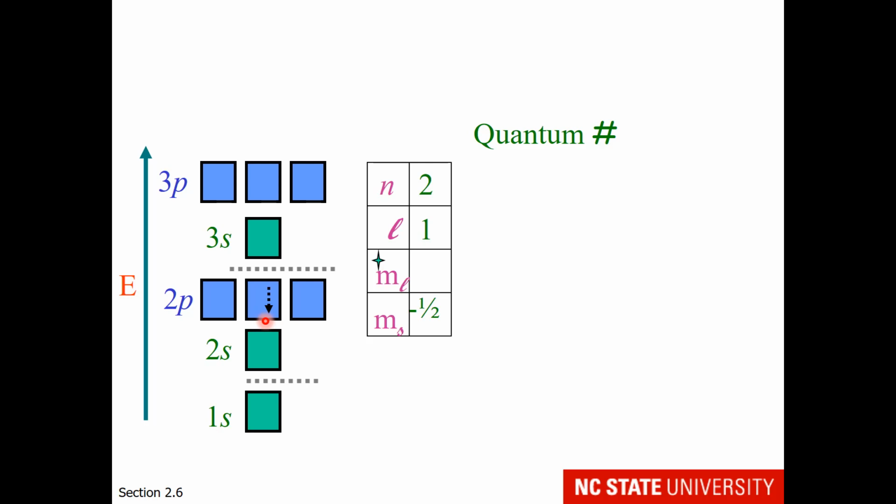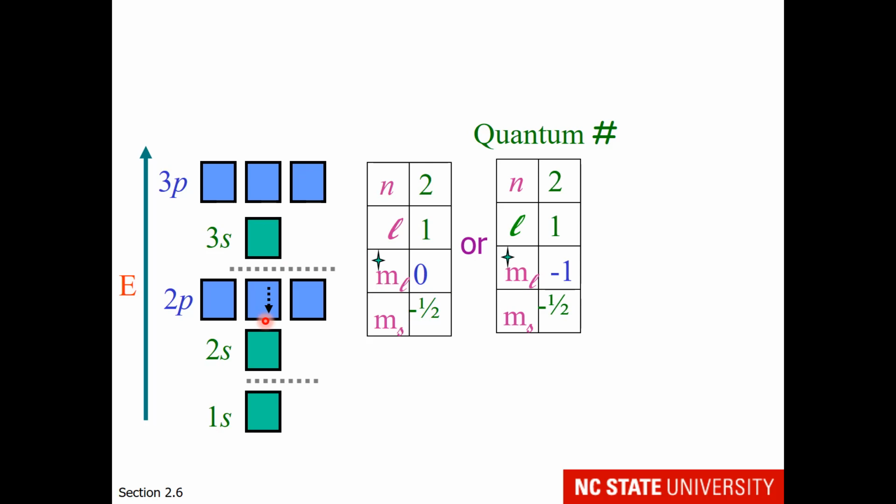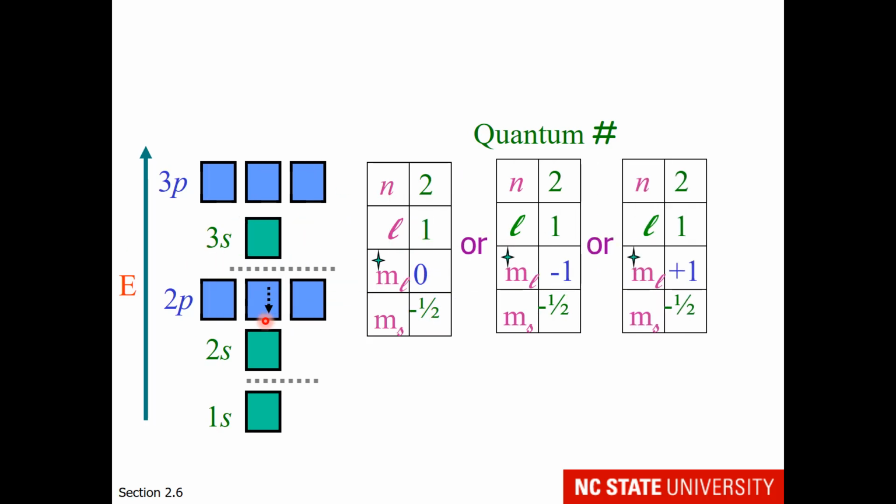For m sub L can be plus 1, 0, or minus 1. Since we don't know what the axis is that this electron is oriented in, we could call this m sub L equals 0. But minus 1 would work, or plus 1 would work. You're allowed to use a range for m sub L.